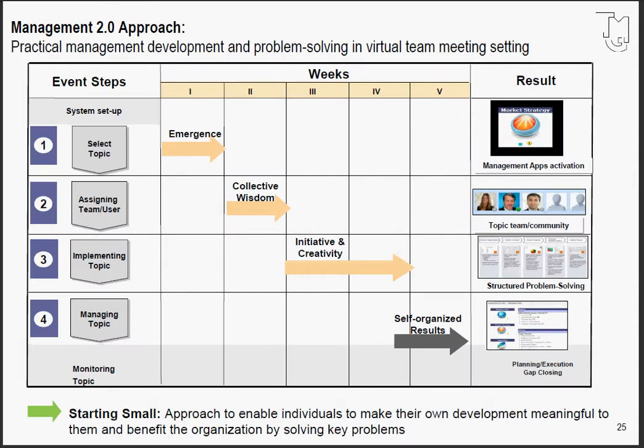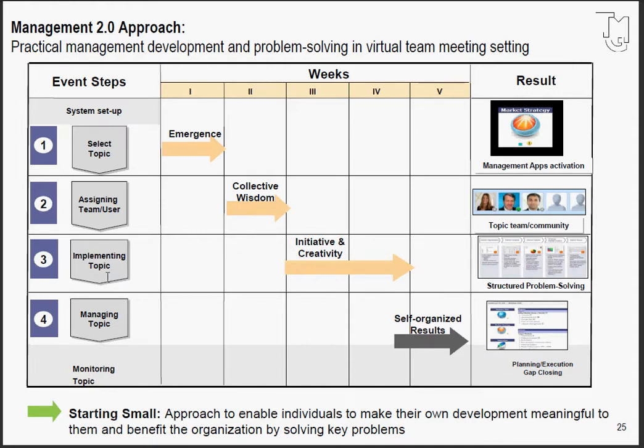The Management 2.0 approach is indeed a practical management development and problem solving in virtual team settings. You have the following event steps after the system setup. You select the topic which is emerging, maybe 1 week or even shorter. Then, this is very important, assigning the team and the user in order to harness the collective wisdom of the people internal and external to the company.